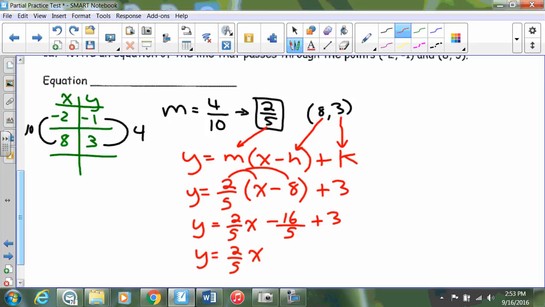Okay, so in my calculator, I'll put -16 over 5, and then I'll multiply, oh, I'm sorry, I won't multiply. I'm going to add that to 3. It gives me negative 1/5. So I could go ahead and put negative 1/5, or if you wanted to change that to a decimal, you could put minus 0.2.